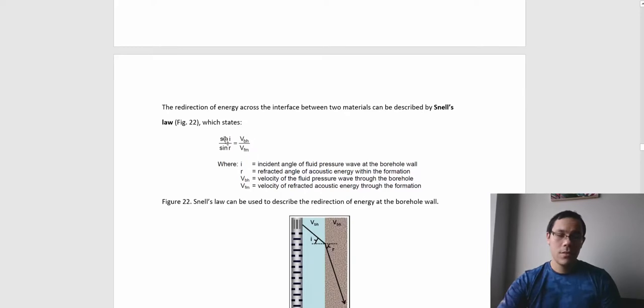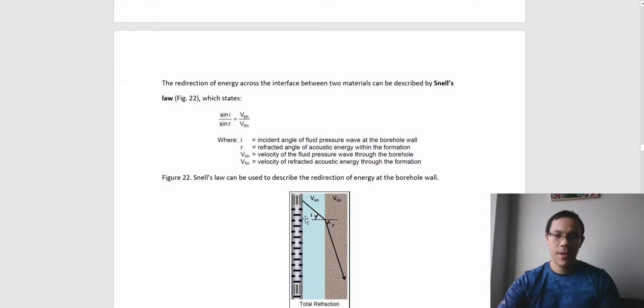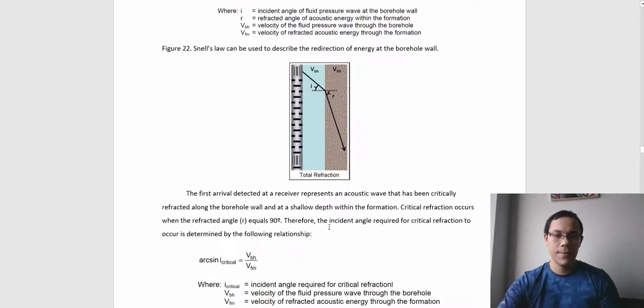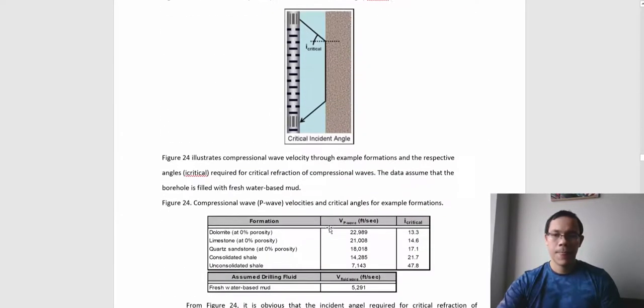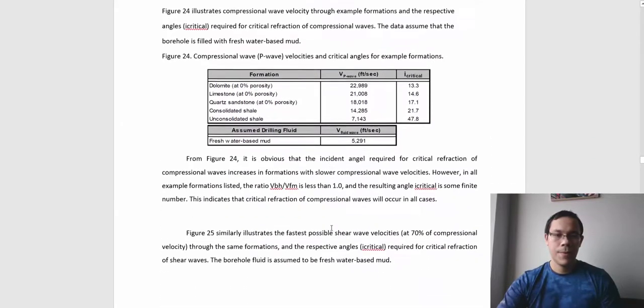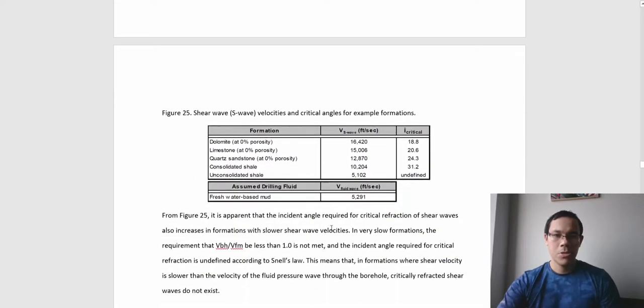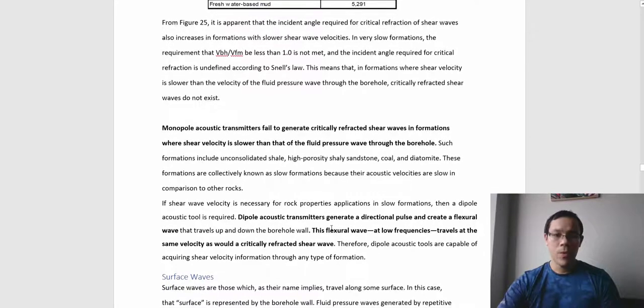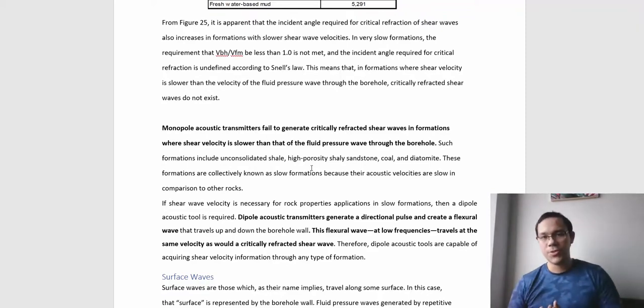This is Snell's law, which explains the relationship between the angle at which this wave is reflected. This is a key point. Acoustic tools sometimes use a monopole transmitter, sometimes a dipole transmitter, sometimes both.